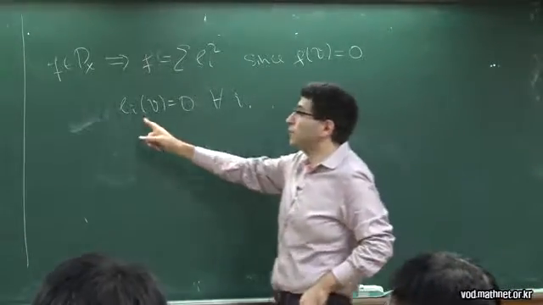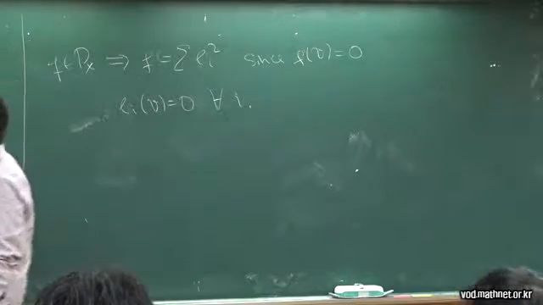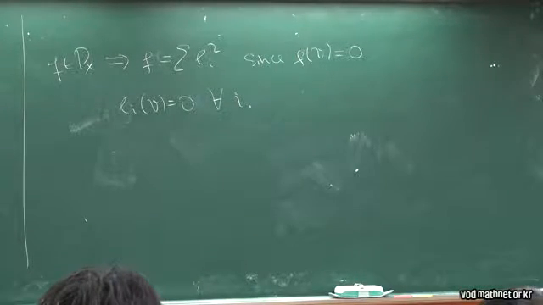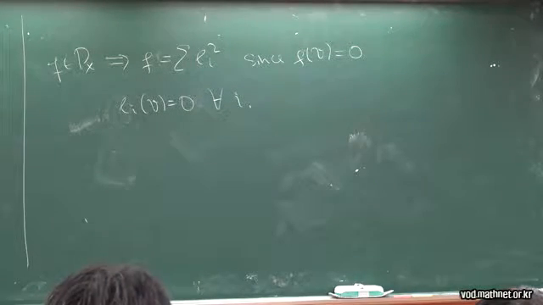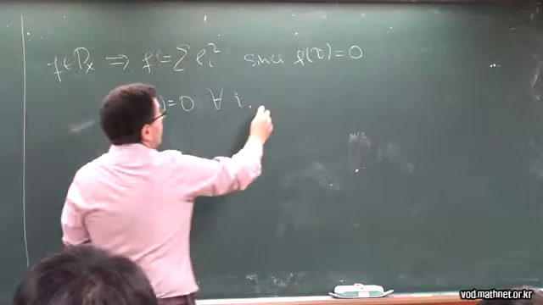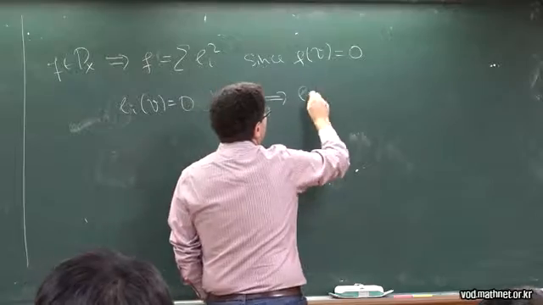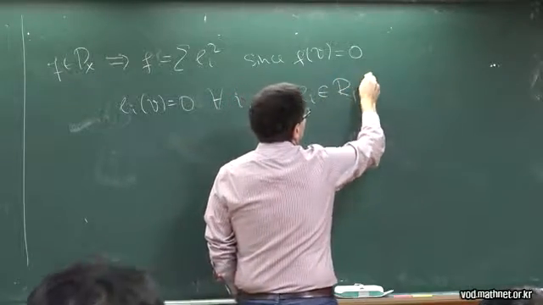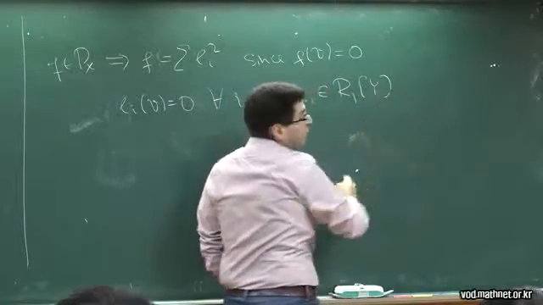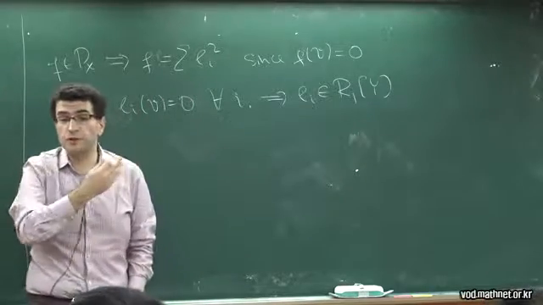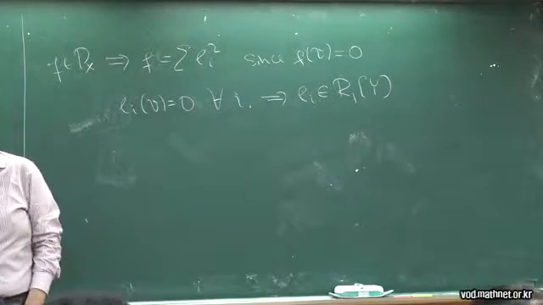But what are linear forms that are 0 on V? These linear forms that are 0 on V are exactly linear functions on Y. That's by definition of projection away from a point.